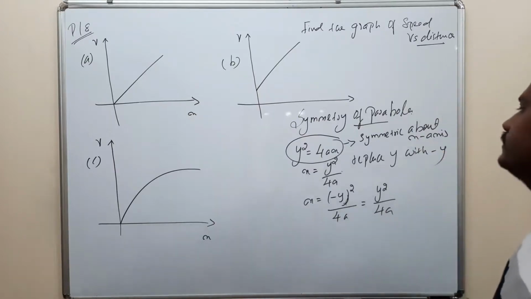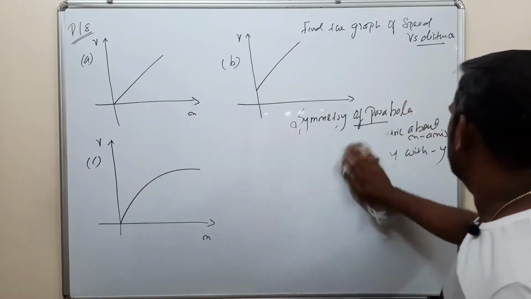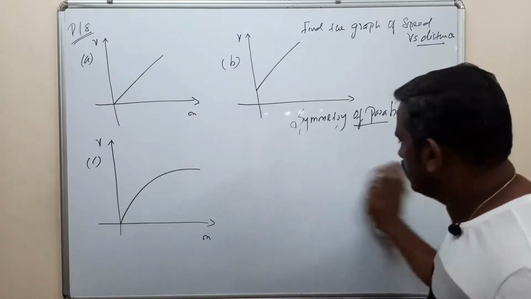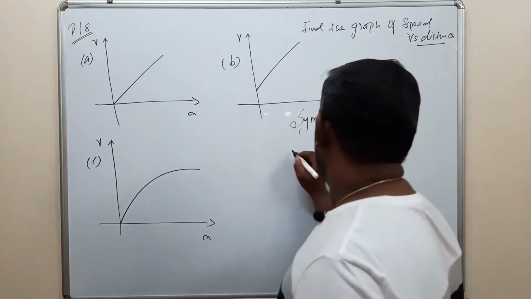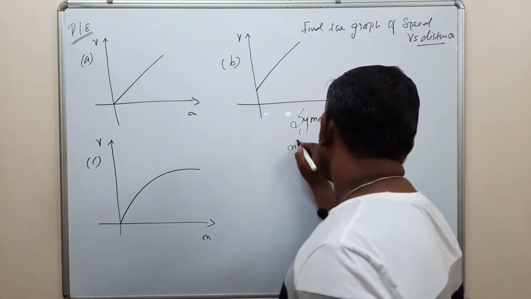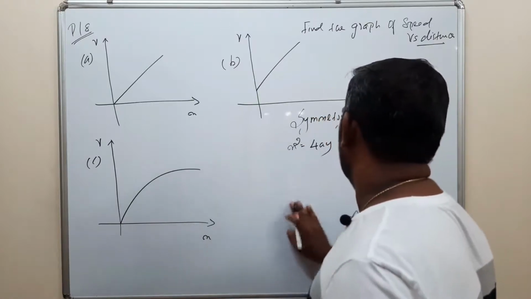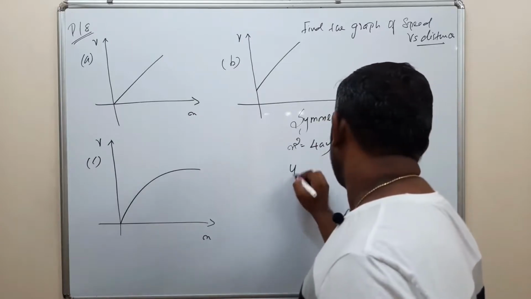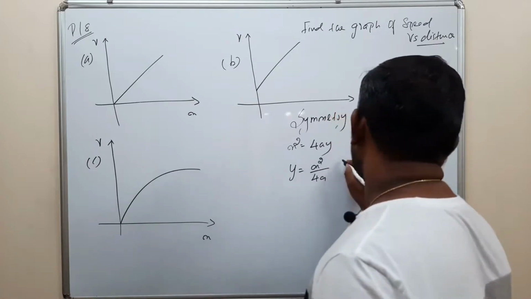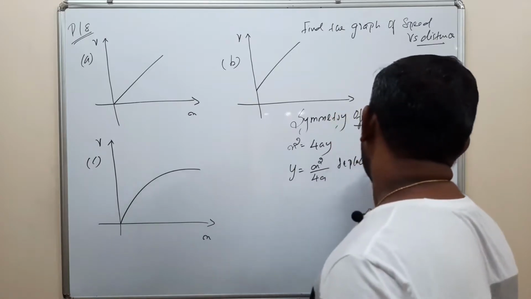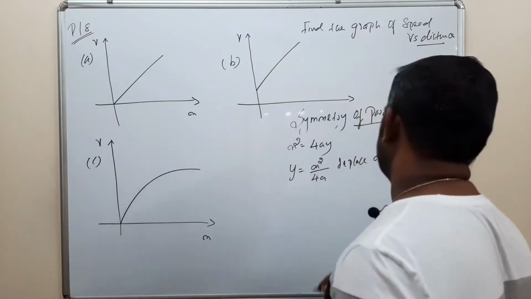Similarly, x square is equal to 4ay. So from this, y is equal to x square by 4a. Replace x with minus x.